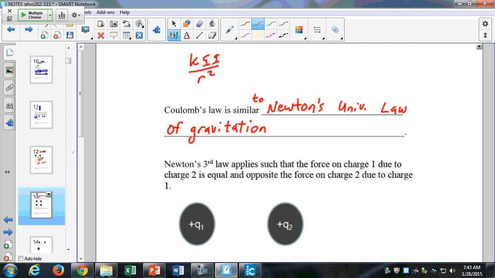And if you remember, the law of gravitation was G, M over R squared. So they both share that 1 over R squared dependence. They both share that dependence on two quantities, whether they be charge or mass. And they both have this constant, K or G. So everything that we do with Coulomb's law will be the same as what we did with the universal law of gravitation. And everything that applies to that law will also apply to Coulomb's law.